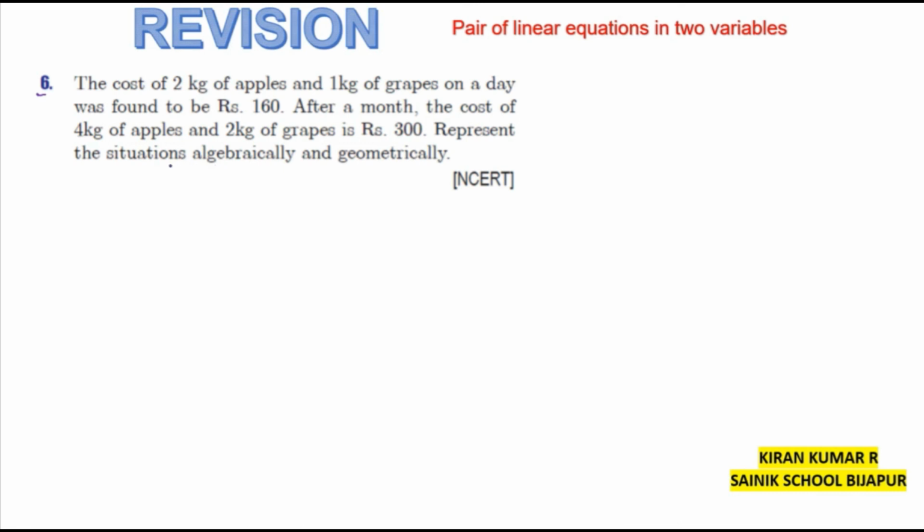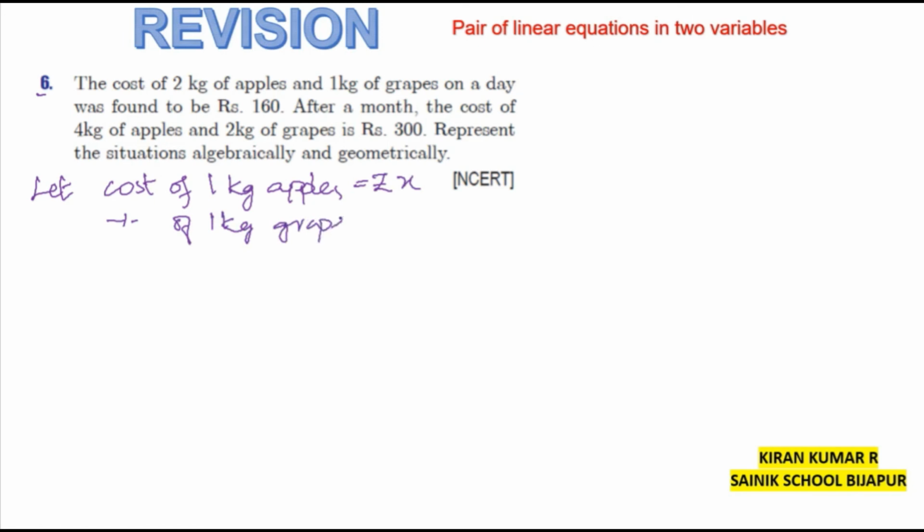Let me consider the cost of 1 kg apple as rupees x and that of the grapes as rupees y. Let the cost of 1 kg apple be rupees x and 1 kg grapes I'll take as rupees y.